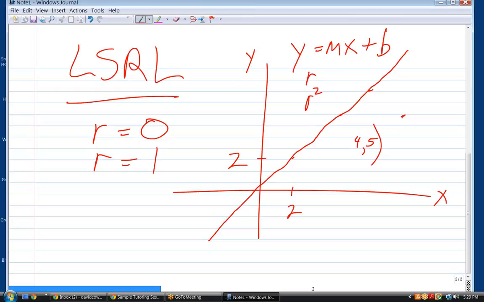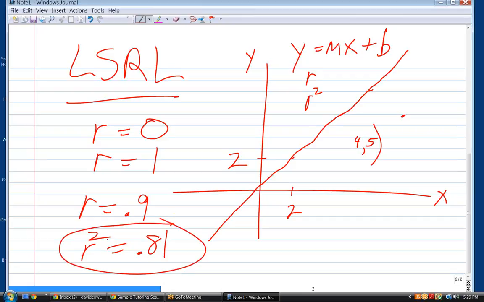Obviously, if r is less than 1, r squared is going to be even less than 1. In other words, if r were a pretty good fit, equal to 0.9, r squared is equal to 0.81. So when you square a number less than 1, it gets smaller. So r squared is almost always going to be less than r. But it doesn't really matter.